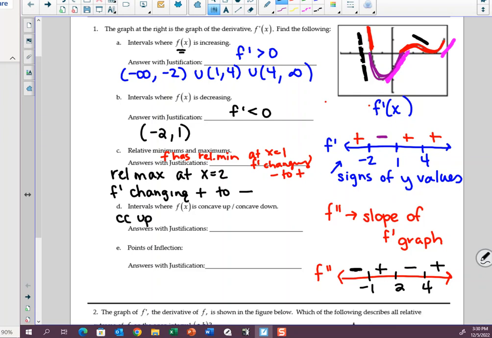Concave up is where f double prime is positive, and so that's going to be from -1 to 2, from 4 to infinity. Concave down, where f double prime is negative, -infinity to -1, union 2 to 4.